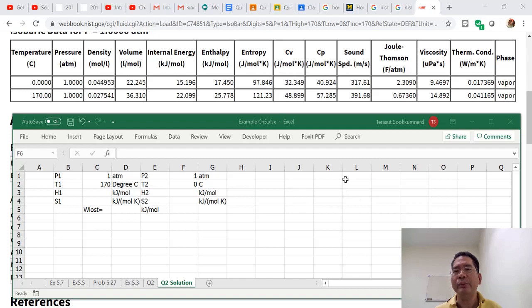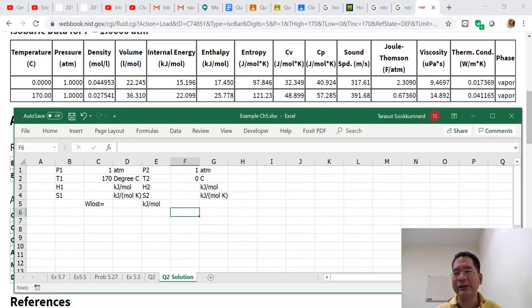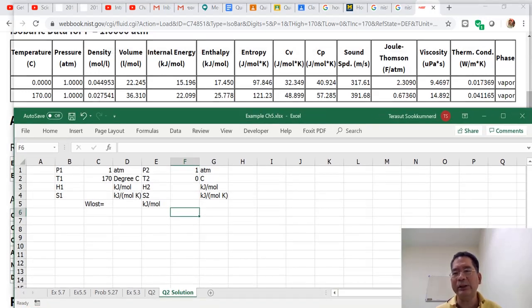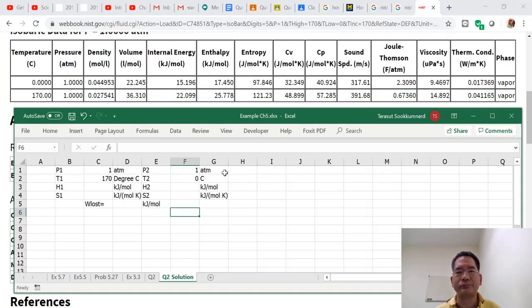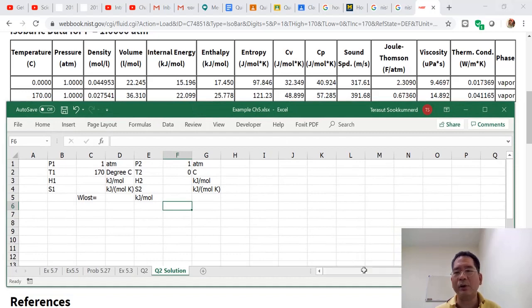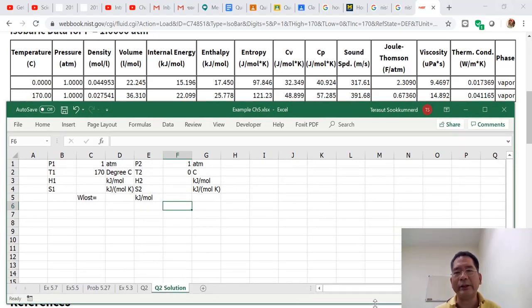So what we have to do next is to put in the corresponding value of enthalpy and entropy into the appropriate cell.